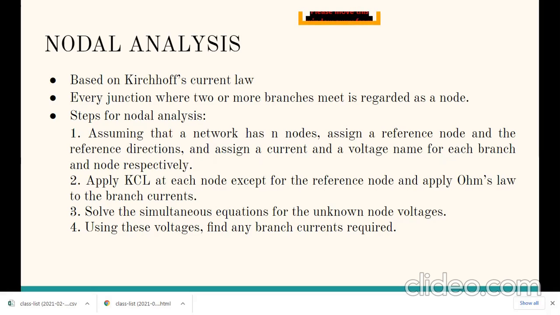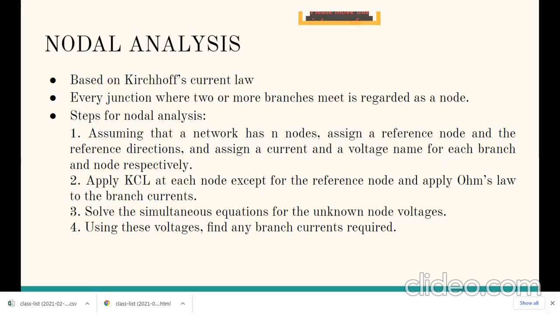So here, the various steps in nodal analysis are, first of all, we have to find out the number of nodes in a given network. So assuming that the network has n nodes, we have to name every node by a particular voltage, and one node out of all those nodes should be assigned as a reference node.